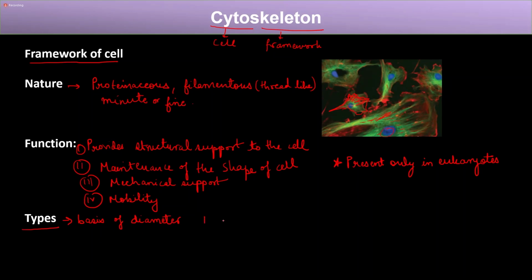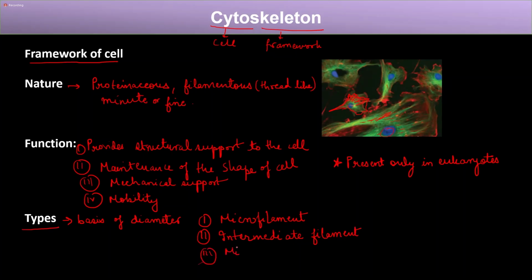The first type is named microfilament. The second is called intermediate filament. As the name suggests, micro is very small, so these are microfilaments. Then the second is intermediate filament, which has some intermediate size or diameter.